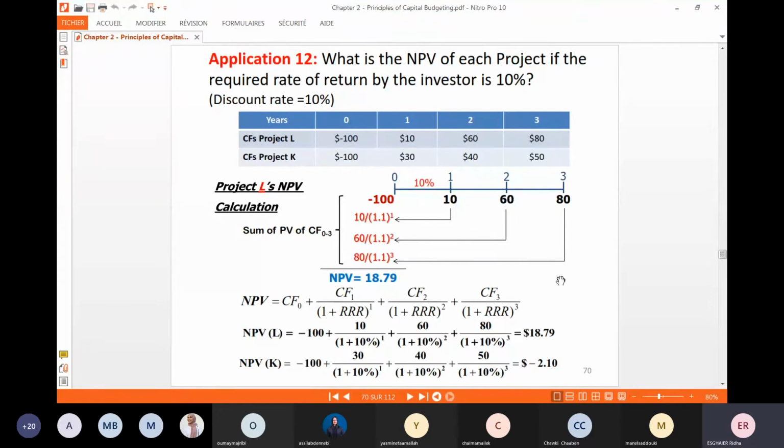You require 10% return. So when you make the discount process, you eliminate the interest.